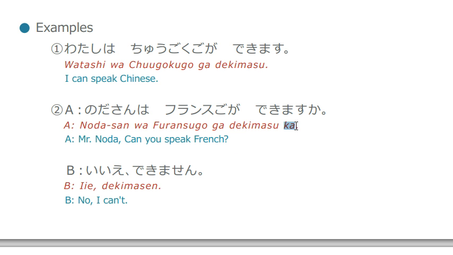This sentence ends in ka. And as we learned in the previous lesson, any sentence that ends in ka means it is a question. So instead of it meaning Mr. Noda can speak French, because it has ka at the end, this sentence means, can you speak French, Mr. Noda?